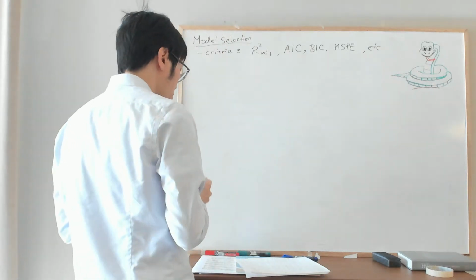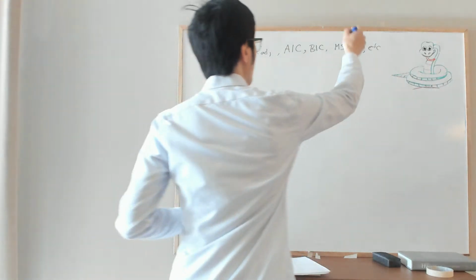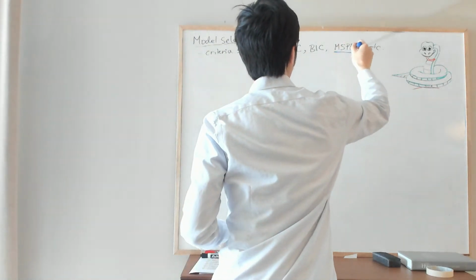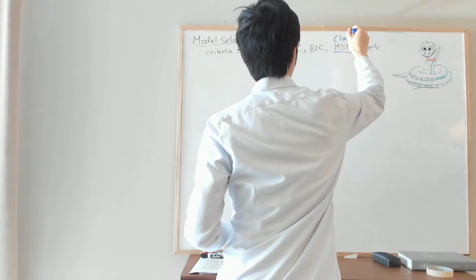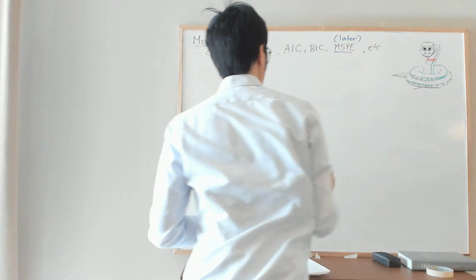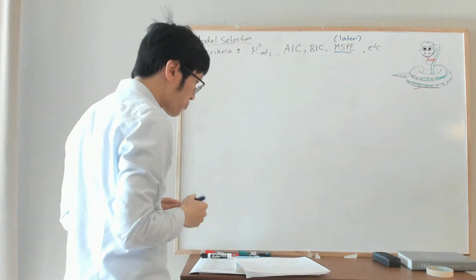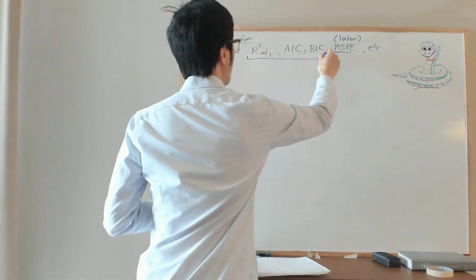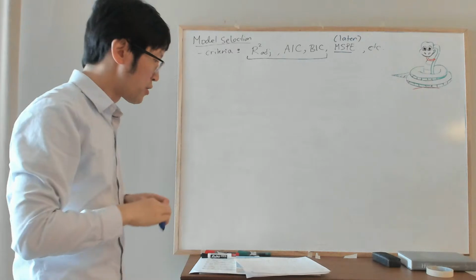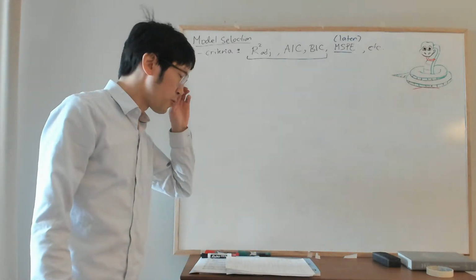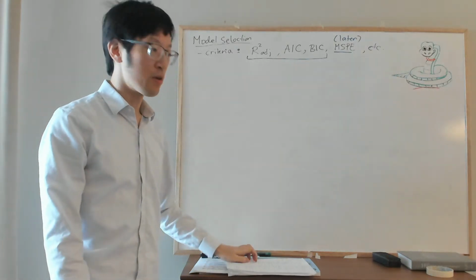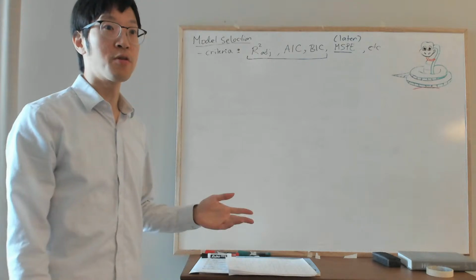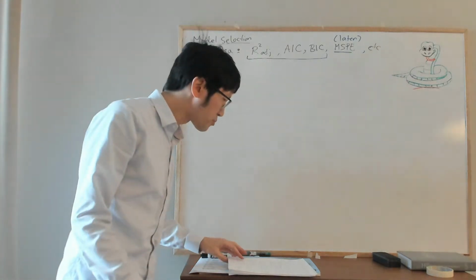Okay, I will make a note here that for things like prediction error, we're going to look at this later in the context of using techniques like cross-validation. But for now, I want to look at these first three because we can calculate them quite conveniently from the output of R's linear model fitting function, lm.